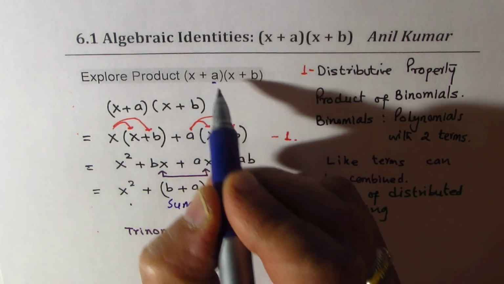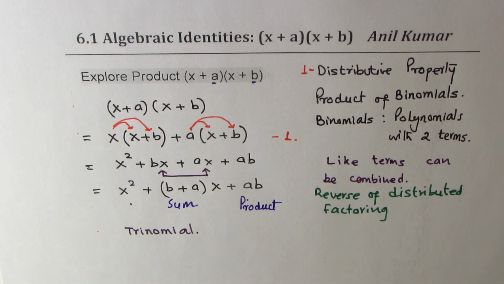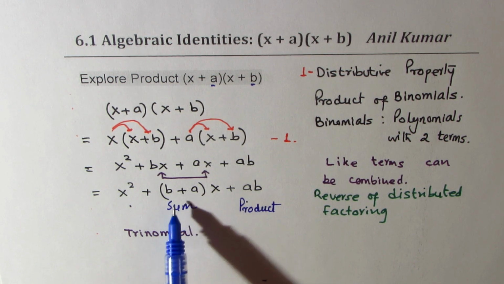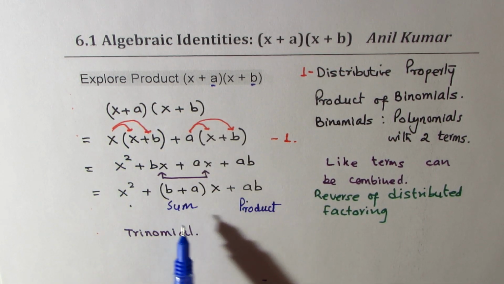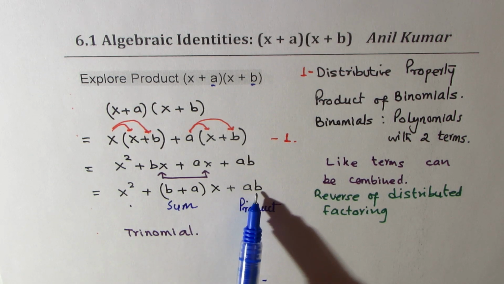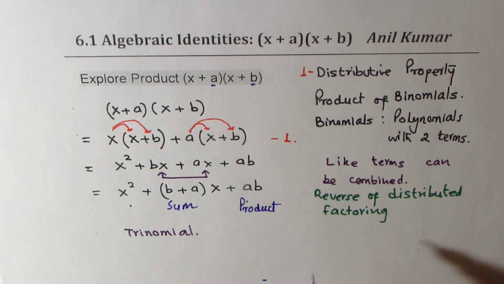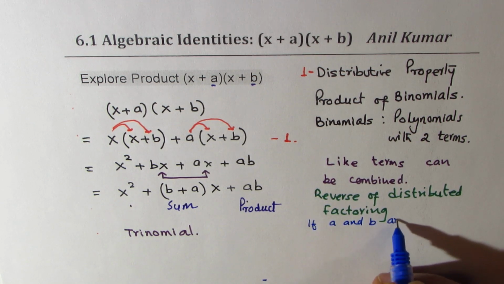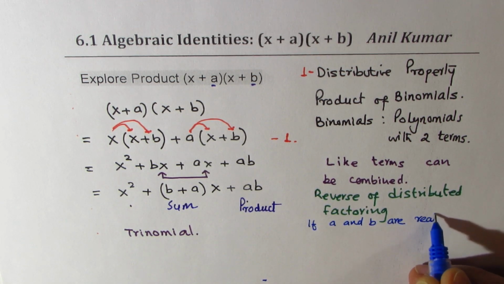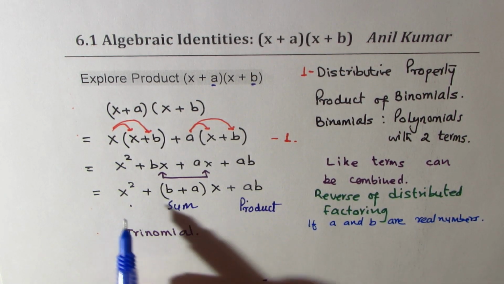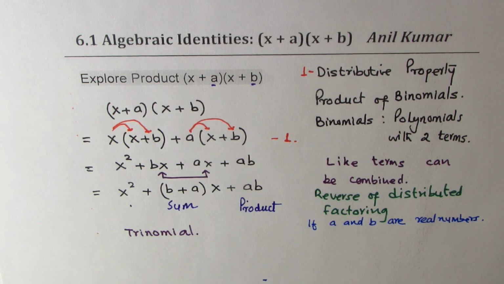So sum and product of these terms, the ones which are not the variable, the constants associated, is that if I give a value to a and b, then we could straight away write the answer using sum as coefficient of x and product as the third term, which is a constant, right? So if a and b are constants, real numbers, then what happens?